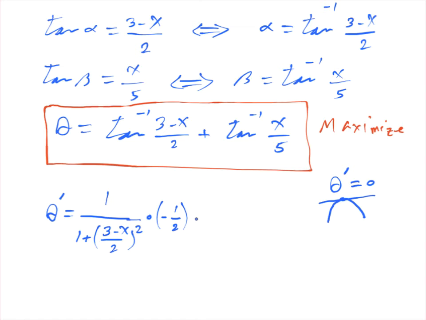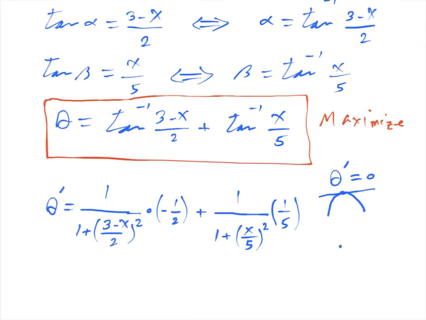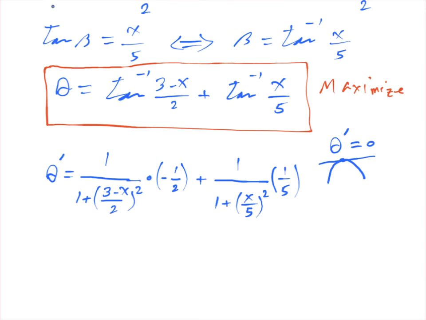And then plus the derivative of the other arctangent, which is 1 over 1 plus its argument squared, (x over 5) squared, times the derivative of x over 5, which is just 1/5. And now we set this equal to 0.